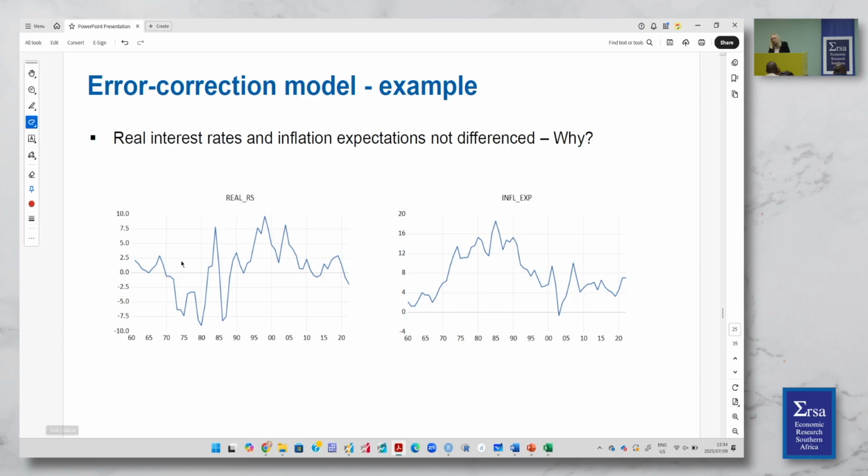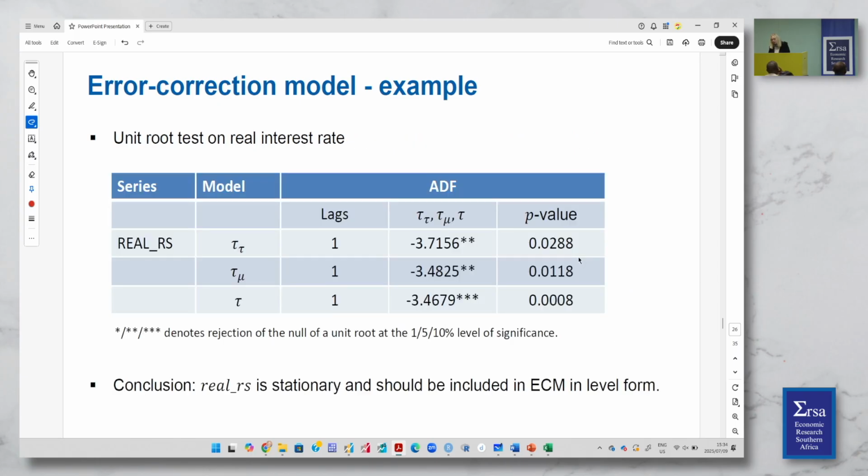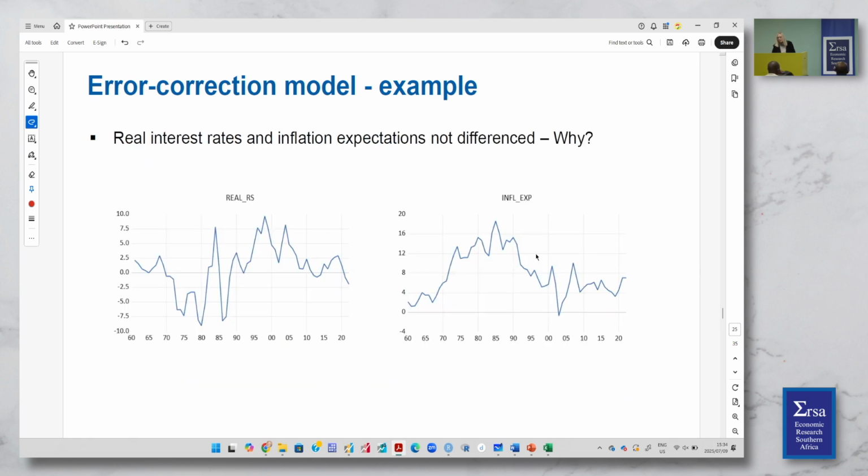And this is, of course, a unit root test on interest rates and inflation expectations. This could potentially, I don't know if I show it here, use a breakpoint test.